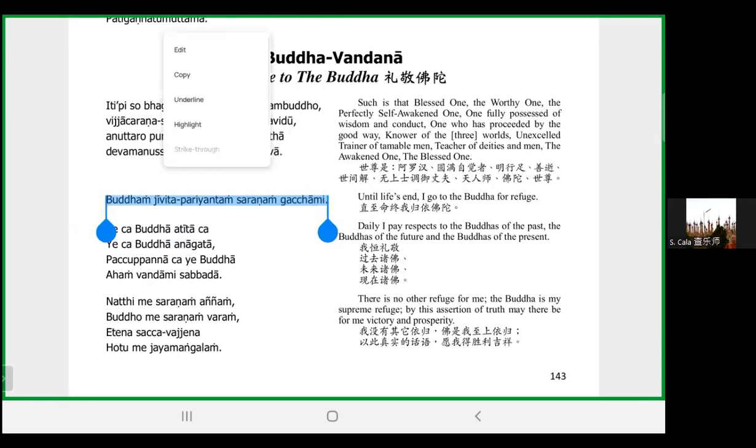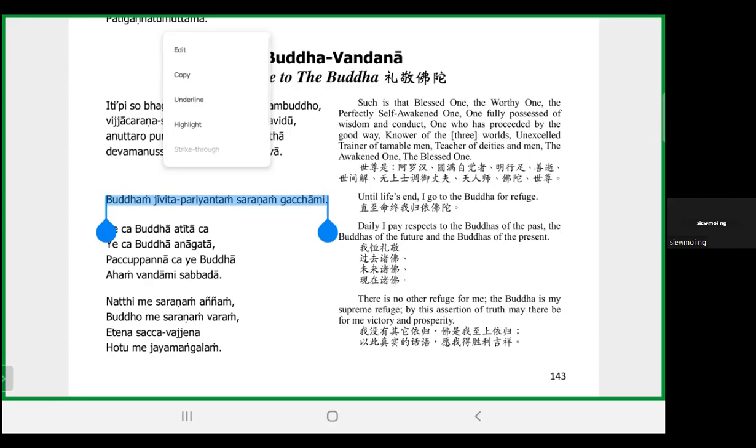Now, which is the verb here? When I say you, one person can answer, but not everybody answer, because it's too noisy. Some of the students with hearing problems will complain. Okay, which is the verb here? Jivita is not a verb here. Gacchami.